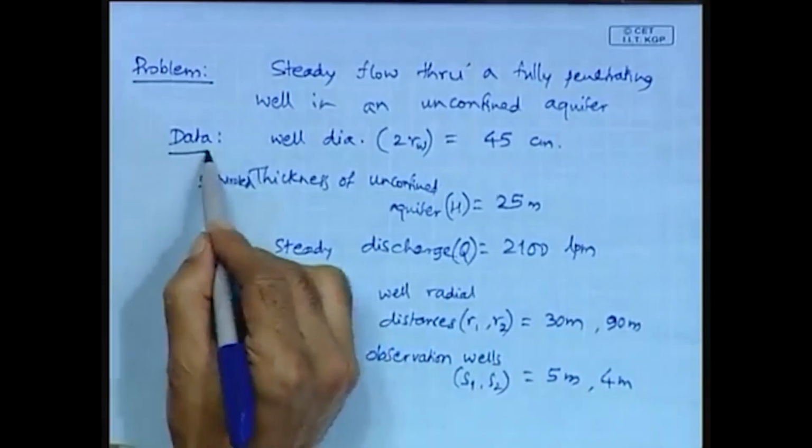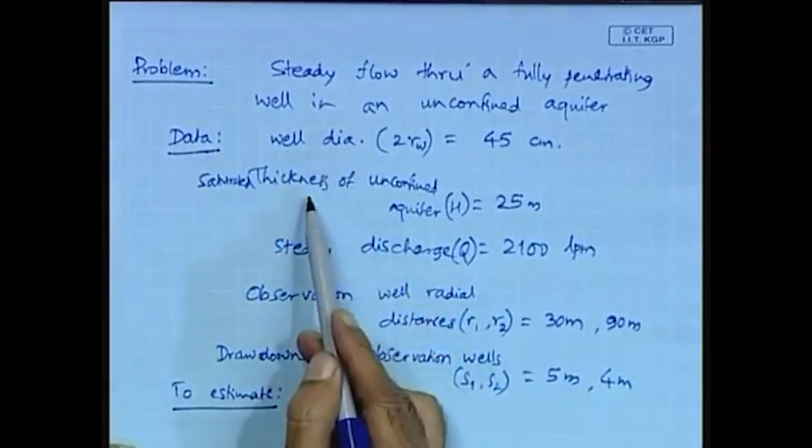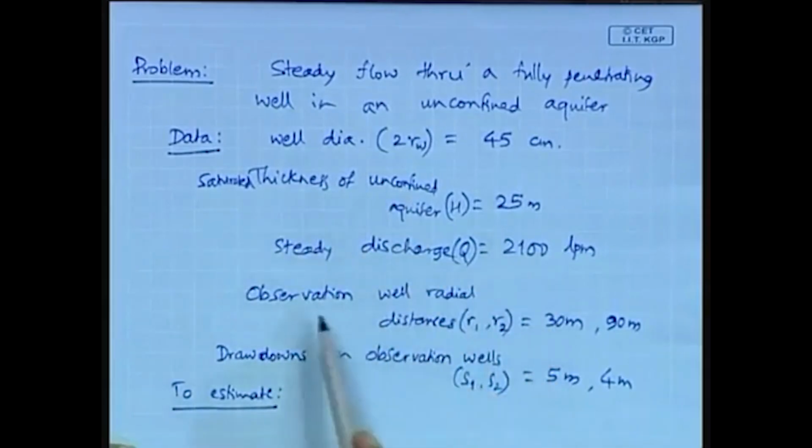So, based on this data, that is well diameter, saturated unconfined aquifer thickness, steady discharge, observation well radial distances, obviously this is from the center of the well, that is R1 and R2, and the drawdowns in these two observation wells. So, these are the data given.